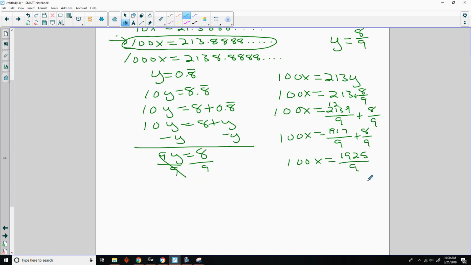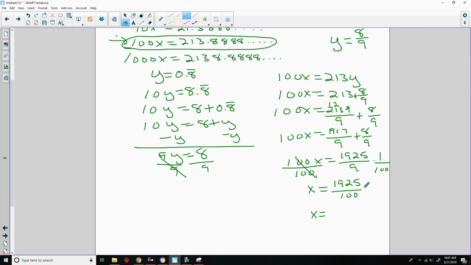So what do I want to do here? Well, I want to solve for x. So I'm going to divide both sides by 100, which is the same as multiplying by 1 over 100. So this is gone, and I get x equals 1,925 divided by 900. That will reduce, because they both end in 5.